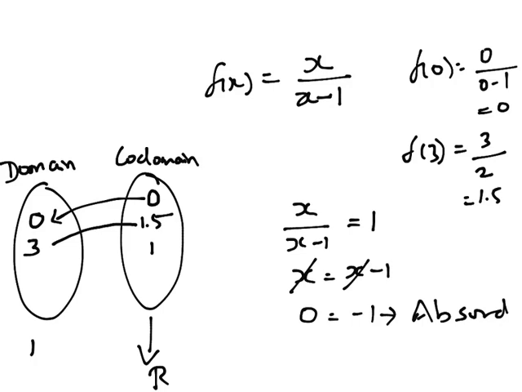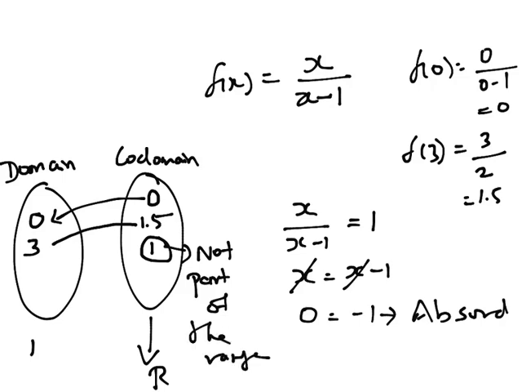That means this 1 is not part of the range. It will be in the codomain, but it is not part of the range. So for this function, the range is all real numbers except 1, because 1 does not have a pre-image.